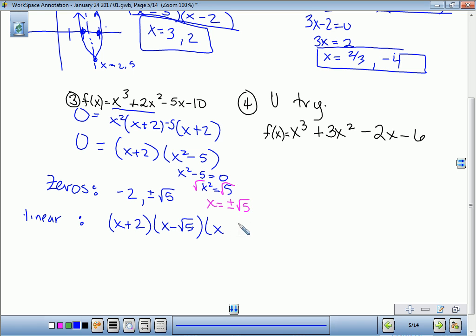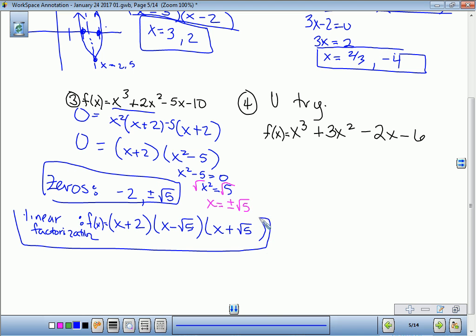What happens to minus and negative? So we would go back and take each of our zeros and just do x minus that zero, x minus that zero, x minus that zero. And that is the complete linear factorization. Because all my x's are to what power now? All right, you try number 4. First, find your zeros, and then write the complete linear factorization.